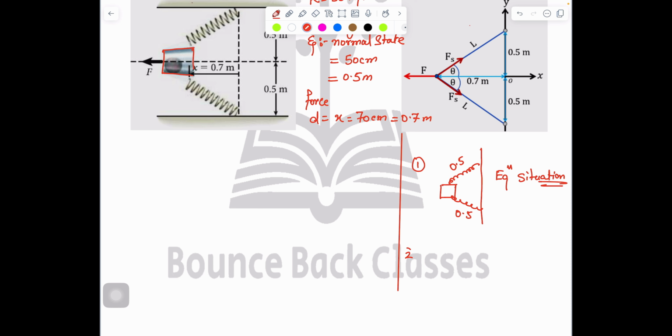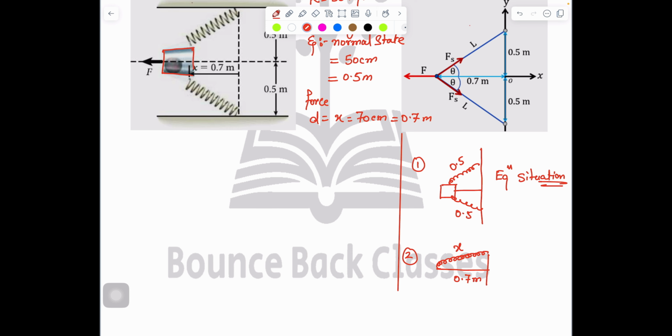Now what he said is we are stretching it. Take this and stretch it to 0.7 meter. So what does it mean? The spring is also stretched, yes or no? So now there is a new distance.